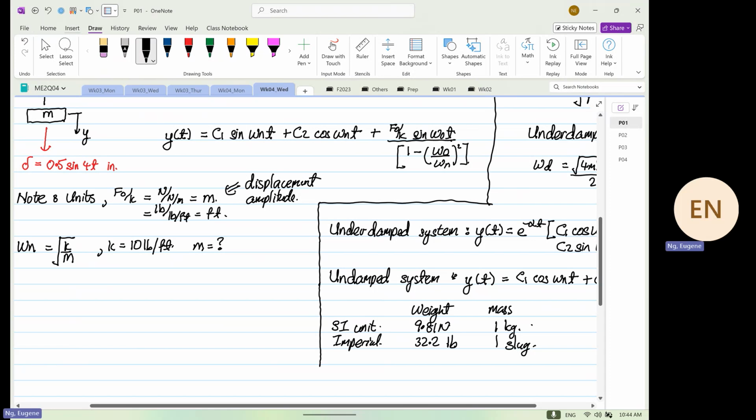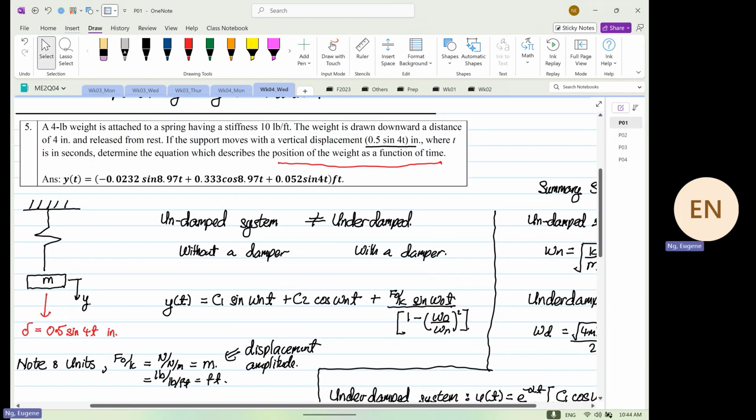Let's look. Now we are given the weight is equal to 4 pounds.